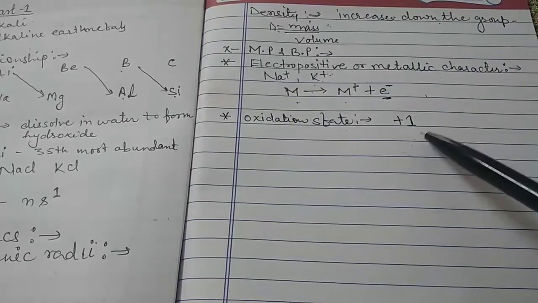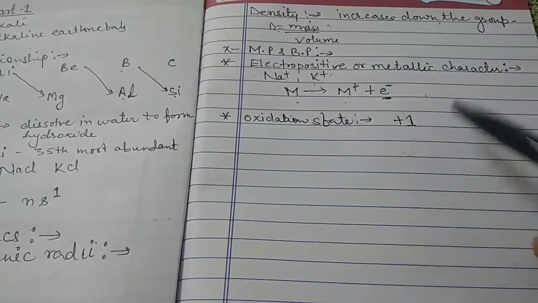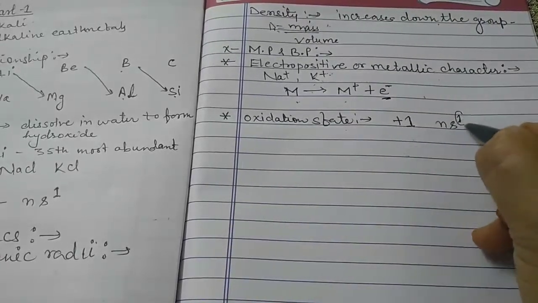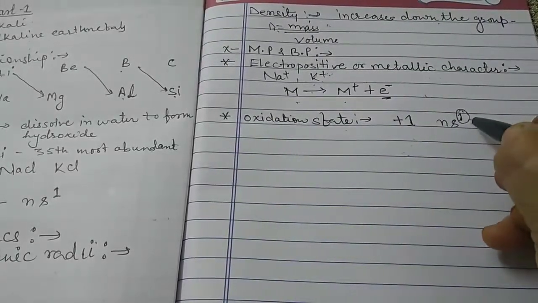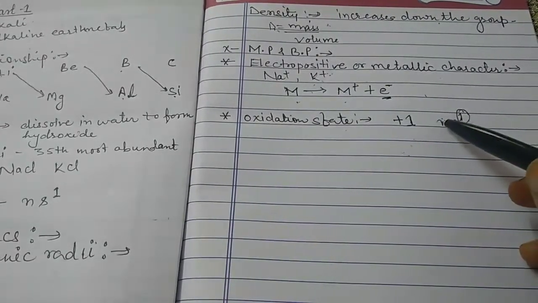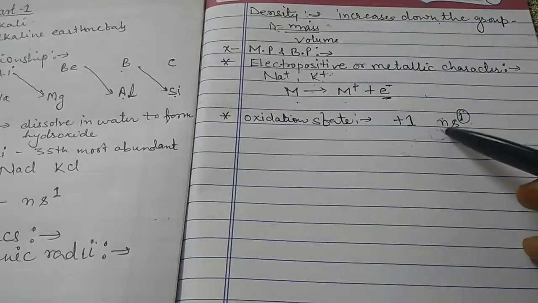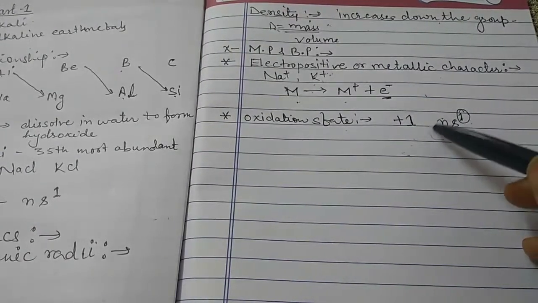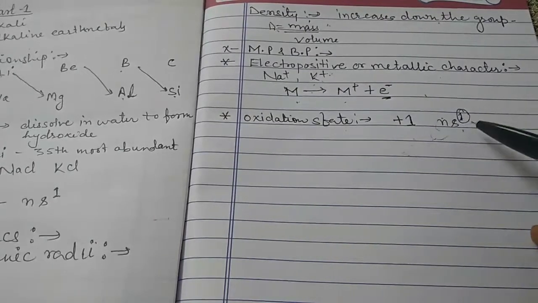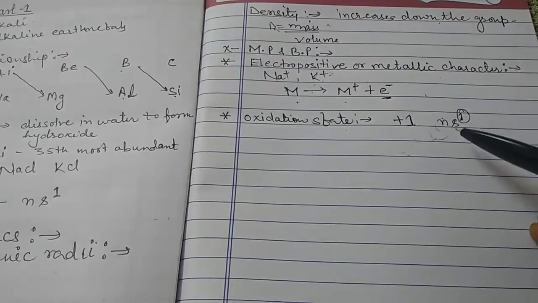The alkali metals have only one electron in the valency shell, because the electronic configuration is ns1. So only one electron is present in the valency shell, and therefore they can lose the single valency electron readily to acquire the stable configuration nearer to the noble gas, and thus they form monovalent ions.